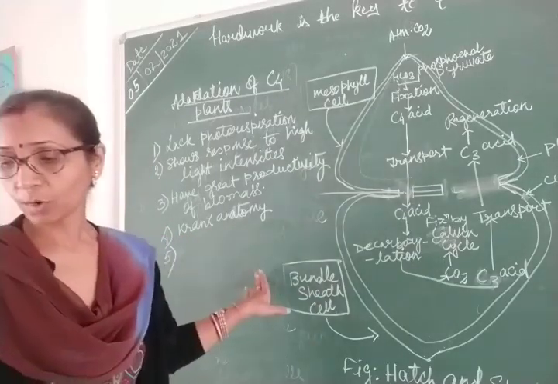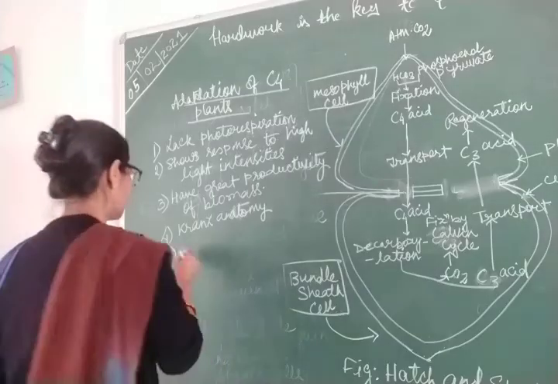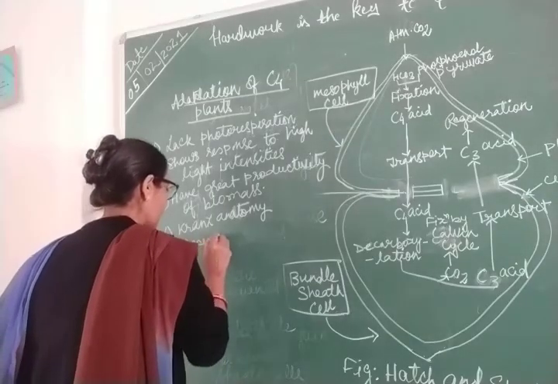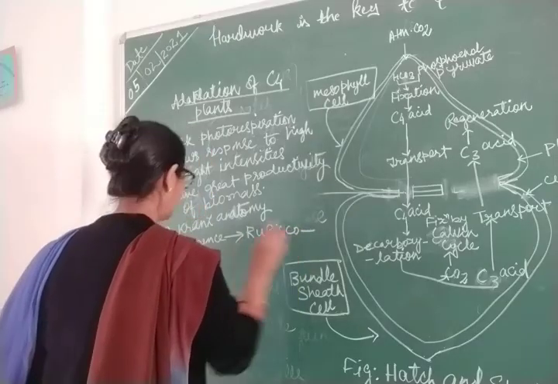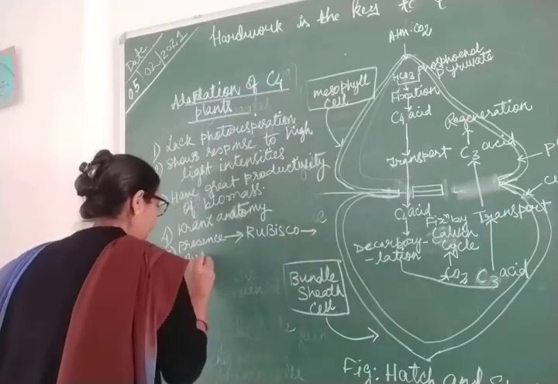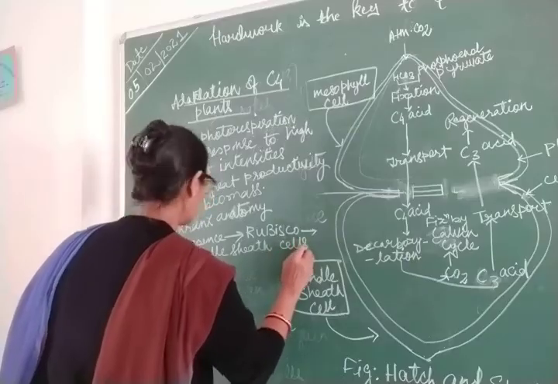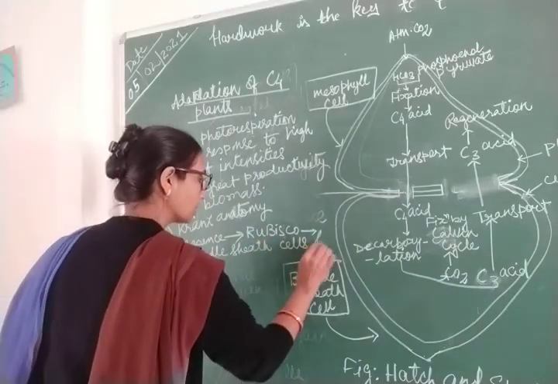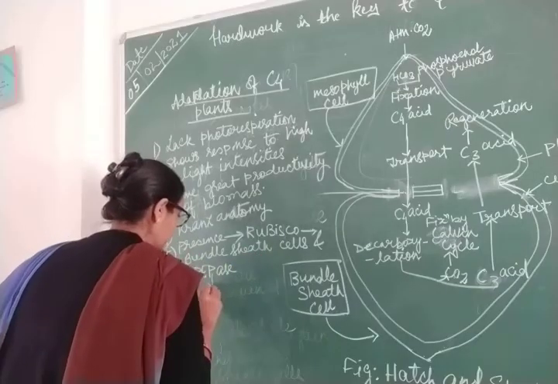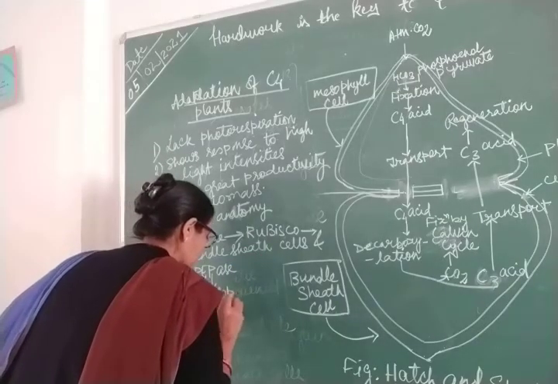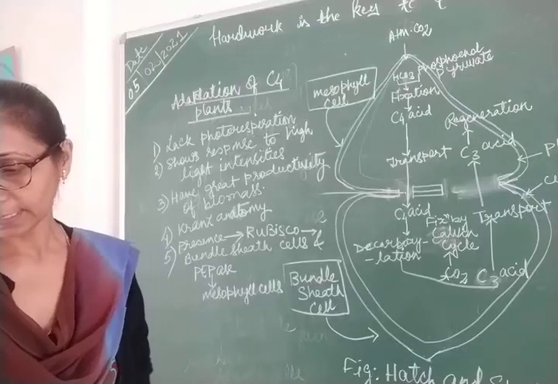They have the presence of rubisco in the bundle sheath cells and PEP carboxylase in mesophyll cells.